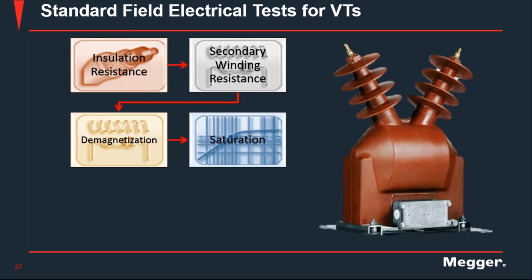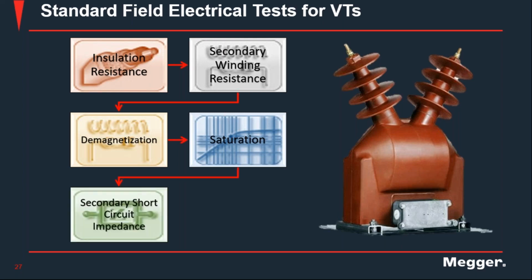This is not a common test, and this is probably part of the advanced tests that you need to perform. In VTs, the typical tests that you will run will be the ratio and the winding resistance, but saturation and secondary short circuit impedance are not that common.